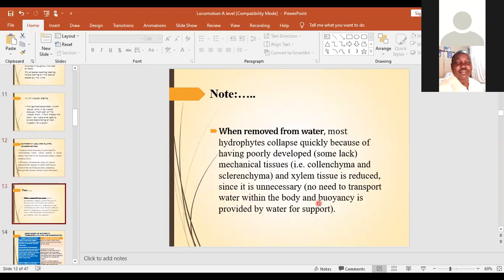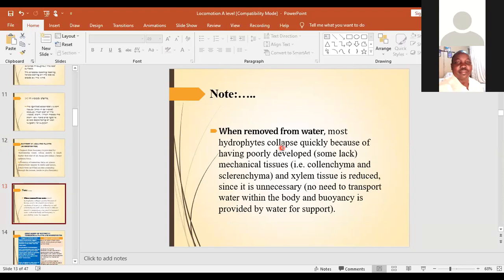So in aquatic plants, remember that water, being more dense, provides the buoyancy, and the plants also have some large intercellular spaces which are filled with air and therefore make them lighter so that they are able to float and come to the surface of the water so that they can maximize uptake of sunlight, and then they are able to photosynthesize.